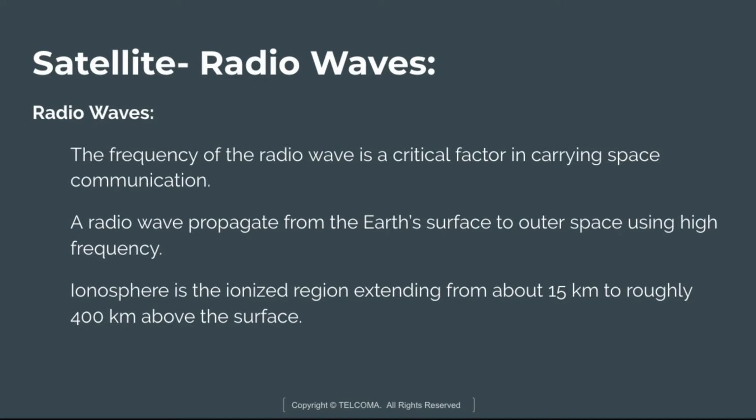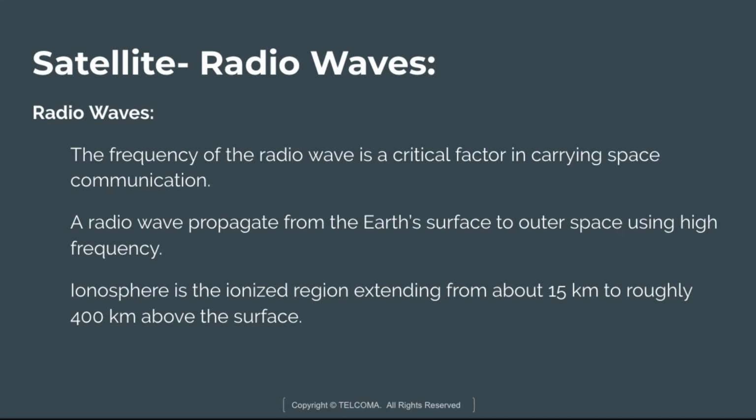Here the ionosphere is the ionized region extending from about 15 km to roughly 400 km above the surface of the earth, and the various regions in the ionosphere are designated by D, E and F in order of increasing altitude. These different layers act as reflectors or absorbers to radio waves at frequencies below 30 MHz, and here space communication is not possible.